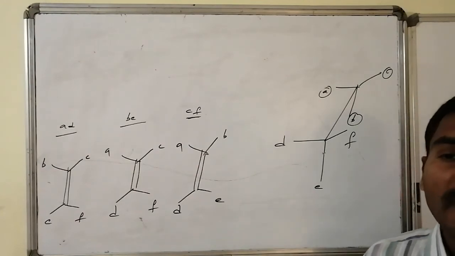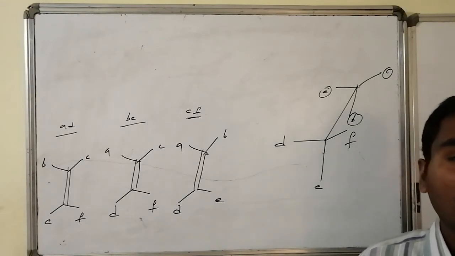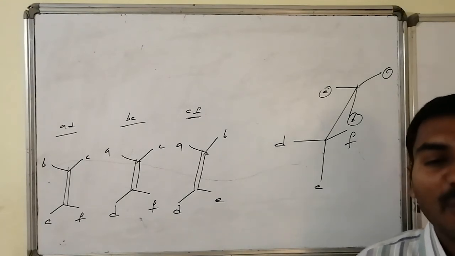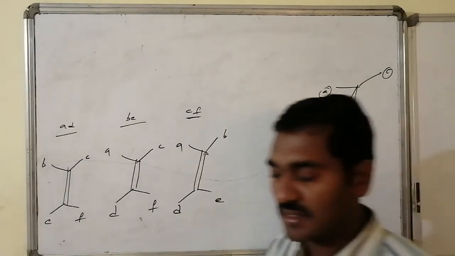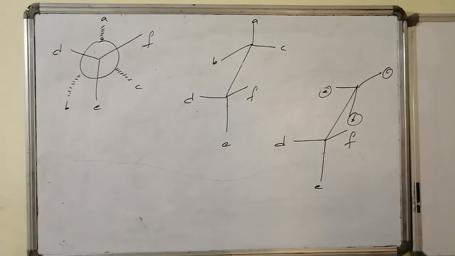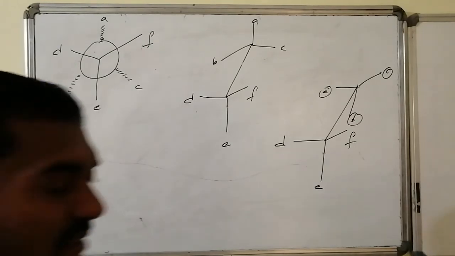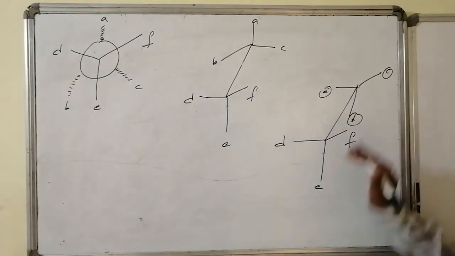If I go for the Newman related anti-structures as well as the Sahars related structures 60 degrees apart, let us have a discussion on the elimination rules and elimination products. Yes, these two are the corresponding anti-structures related to the Newman model as well as the Sahars model after rotating by 60 degrees.